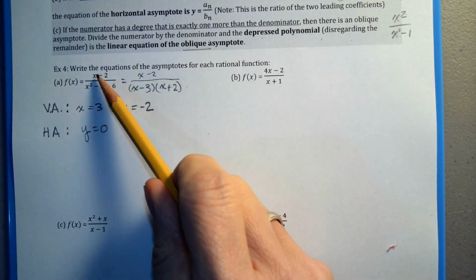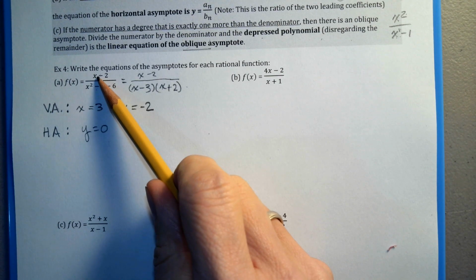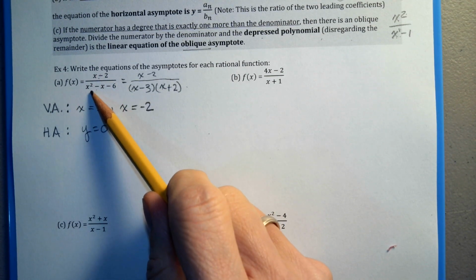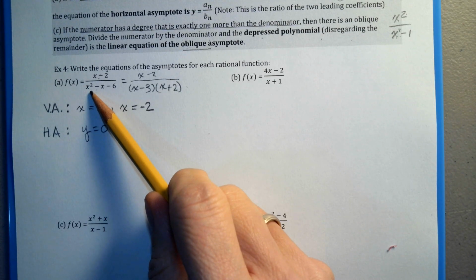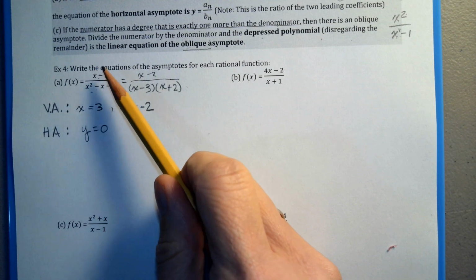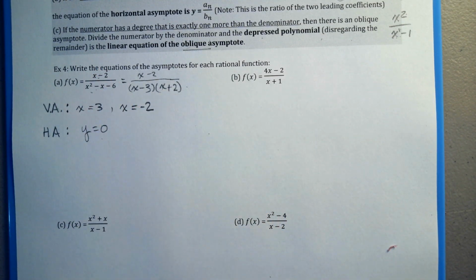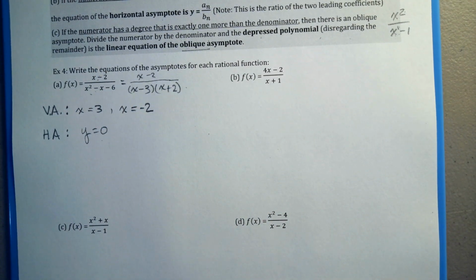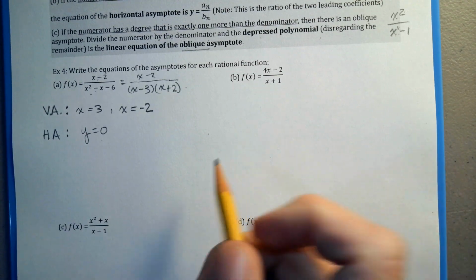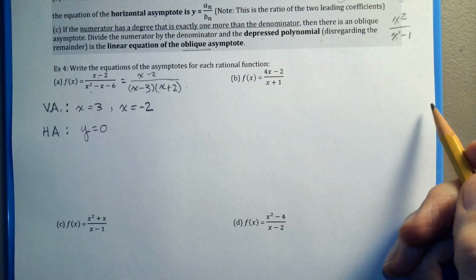If x gets really, really big, say it's 1 billion, the bottom is getting really big even faster. It's 1 billion squared. So we can think of it as almost like 1 over 1 billion, which would be 0. It will approach 0, won't ever equal 0, but it'll get smaller and smaller as x gets bigger and bigger.